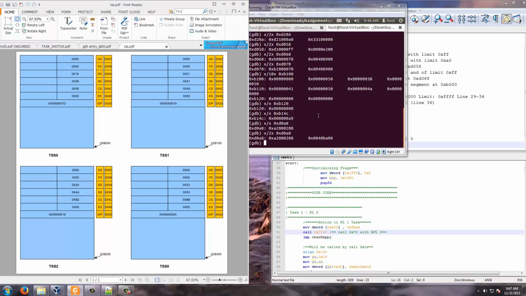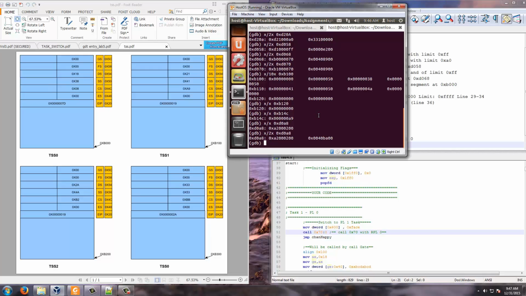Now we should also see what is loaded in the remaining registers. For example, what is loaded at ES? Let us see D048, B148.